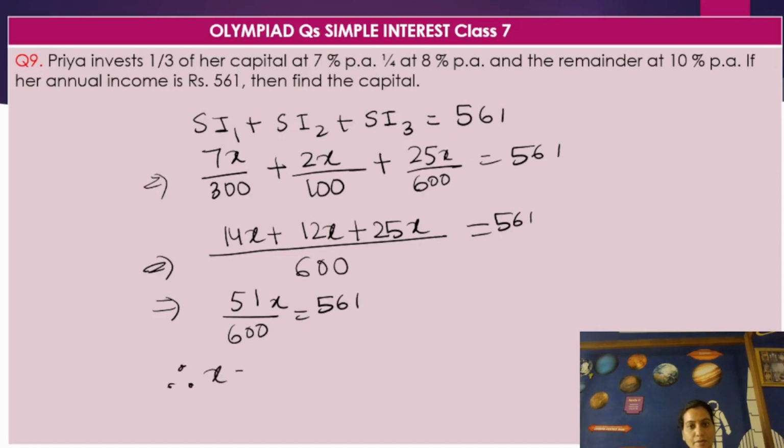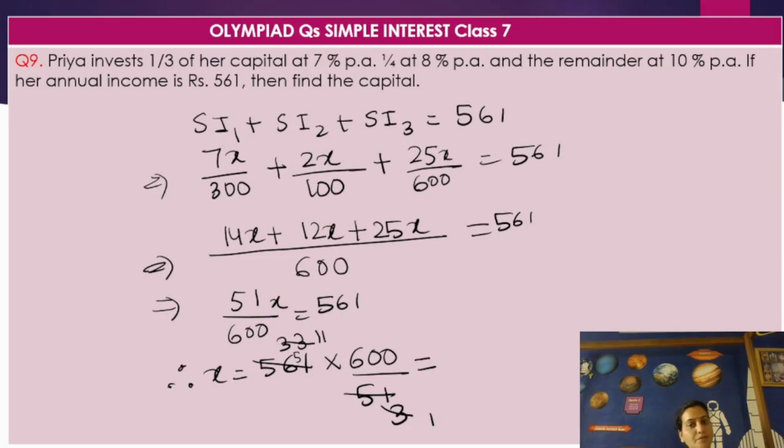Therefore, x will be equal to 561 divided by 51/600, which means the reciprocal gets multiplied. 17 threes are 51, and again 17 threes are 51. What remains is 11 into 600, and the denominator becomes 1.